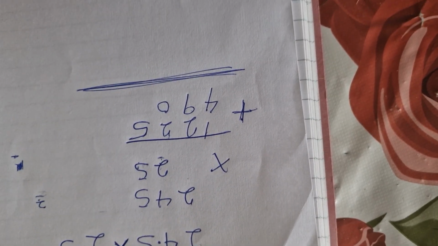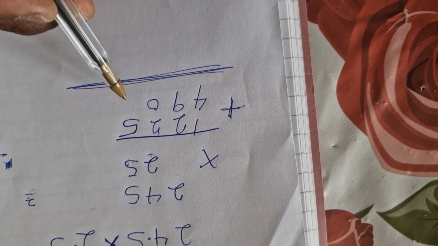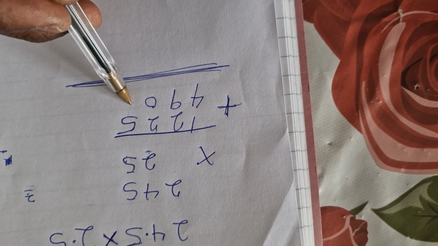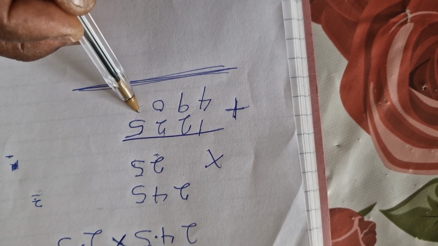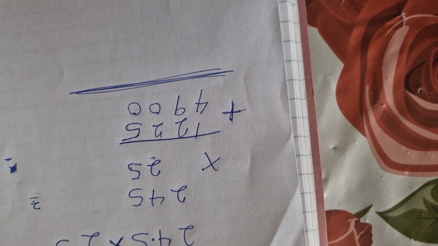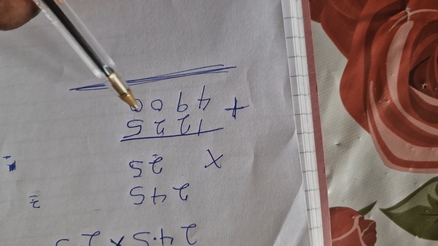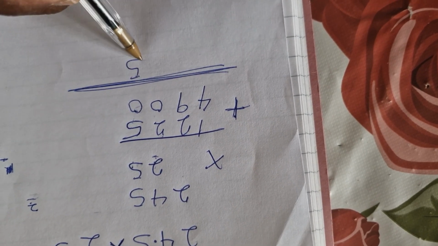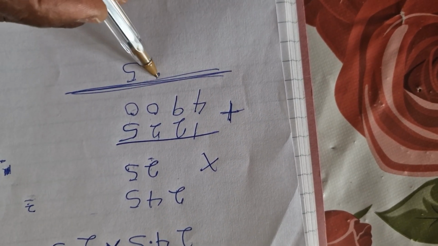So here is 5 plus no number here. Sometimes I tell my kids, just write 0 here so that it will be easier for you to do your calculations. So it's going to be 5 plus 0, which is 5. Then 2 plus 0 will give you 2.